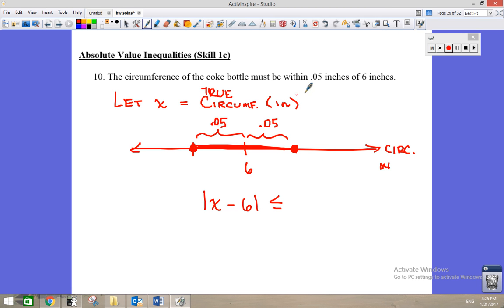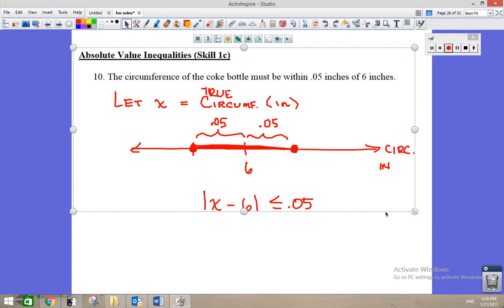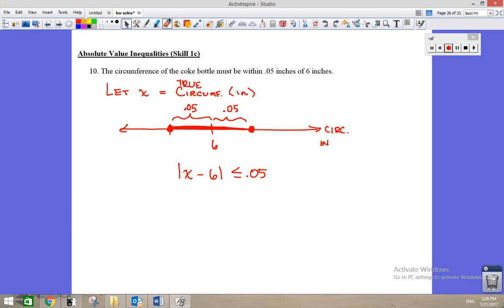And because it says within, the endpoints are included in my set, and I'm going to solve this absolute value inequality. When it's pointing towards the absolute value, we can write it as a compound inequality: negative .05 is less than or equal to x minus 6, less than or equal to positive .05. It's pretty easy now to solve for x by just adding 6 everywhere.